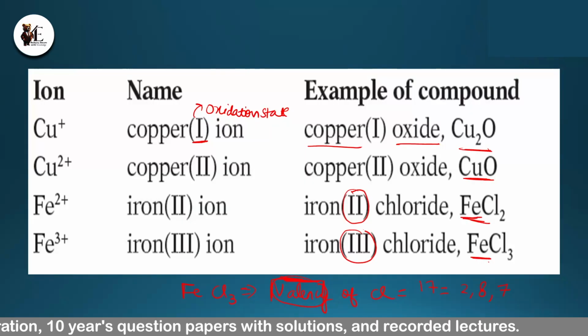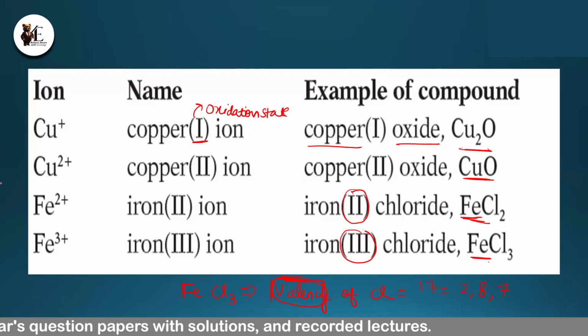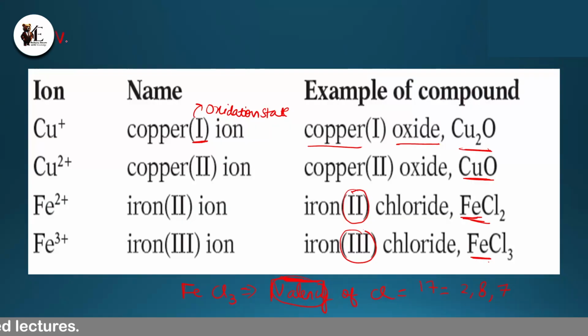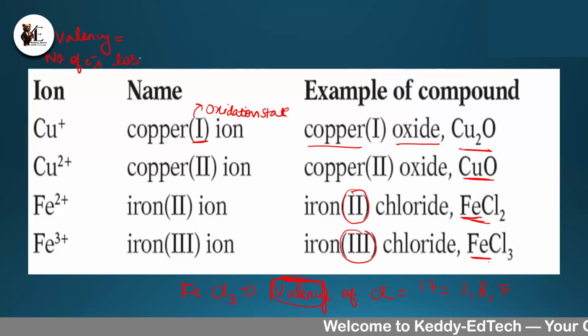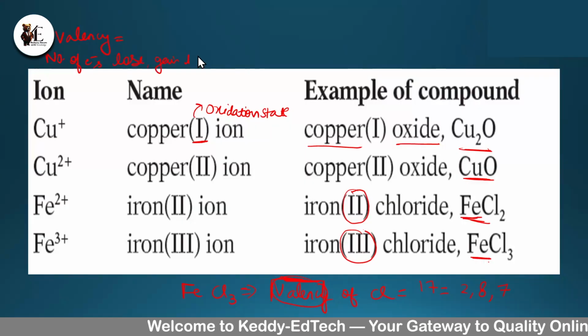It's the combining power of an element. This is the definition on Google, combining capacity of an element. But I told you that valency is the number of electrons lost in the outer shell. No. You can say the number of electrons lost, gained, or shared, not in the outermost shell.